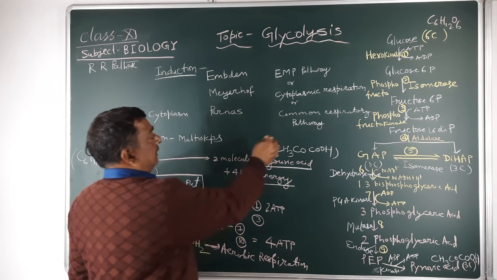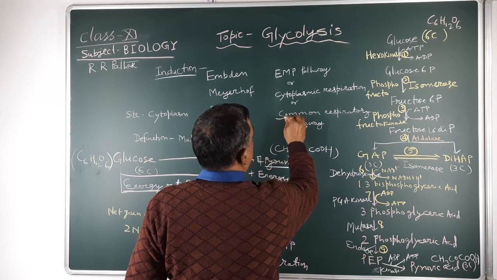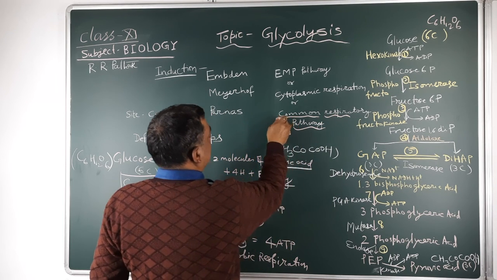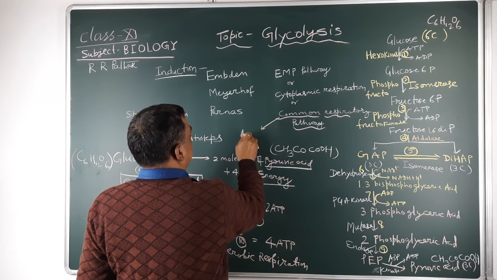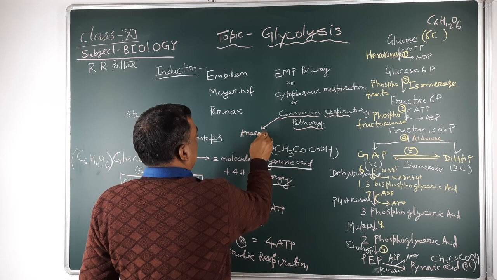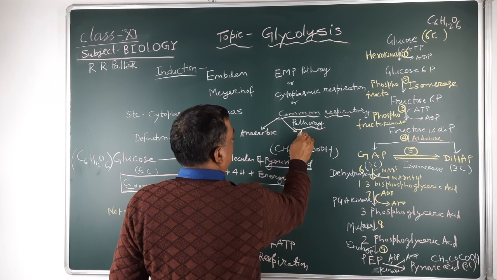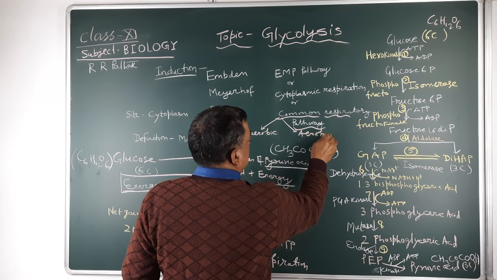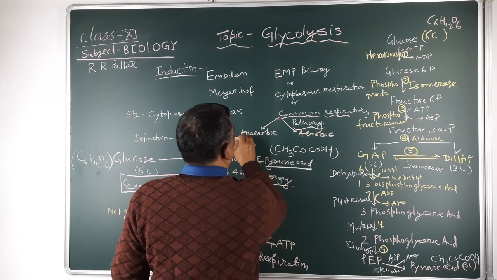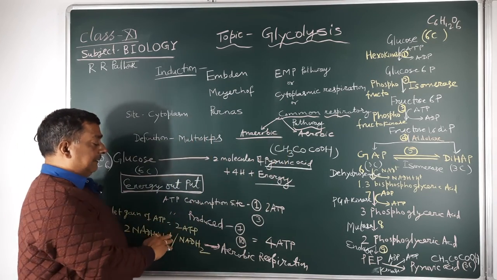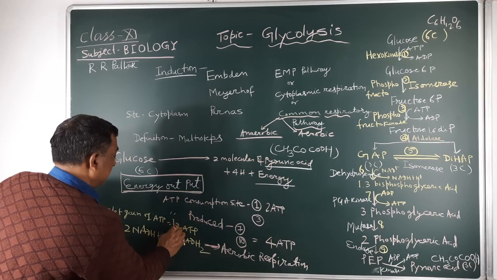As already told, glycolysis is a common respiratory pathway. So that is why it is common in both anaerobic as well as aerobic. In anaerobic glycolysis, only 2 ATPs are produced.